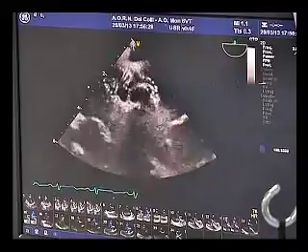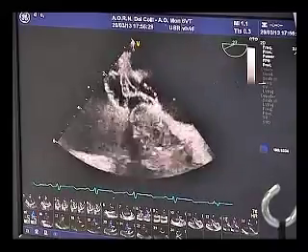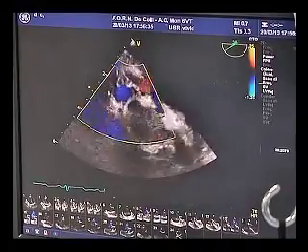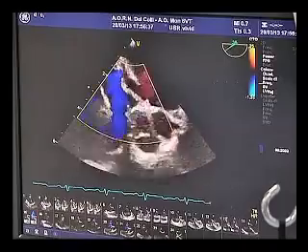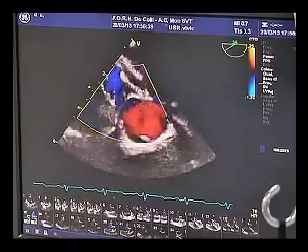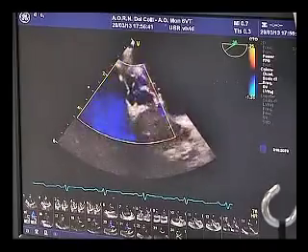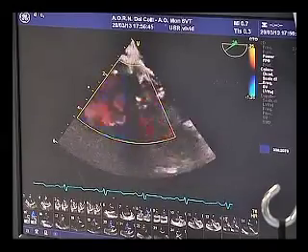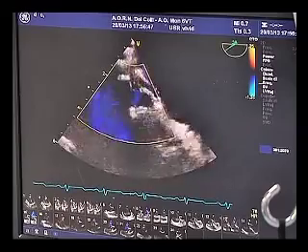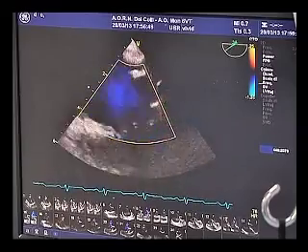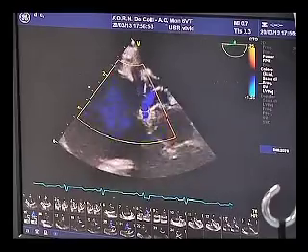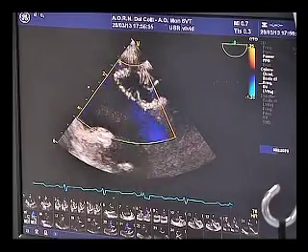Okay. Now we are looking for the inferior shunt. Let's see the other one, the posterior inferior one. Here we don't seem to have an important residual shunt in inferior position.